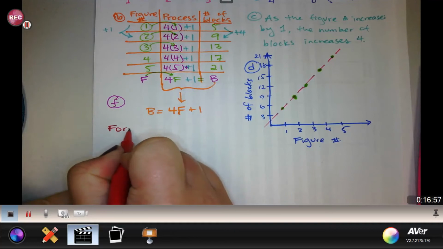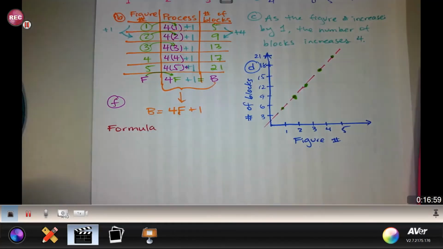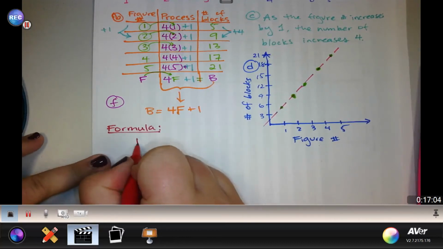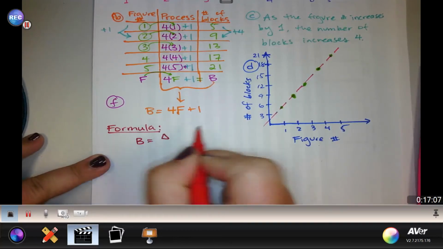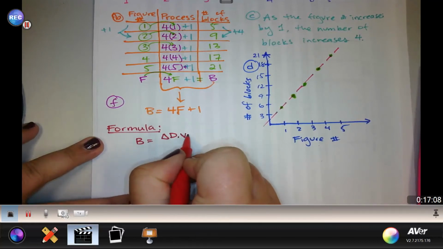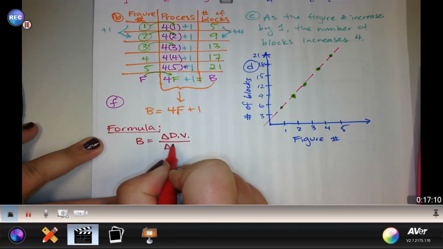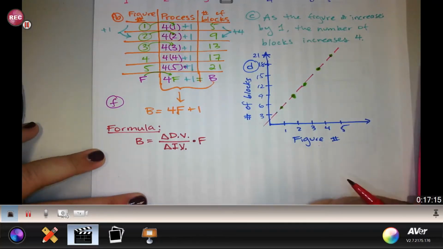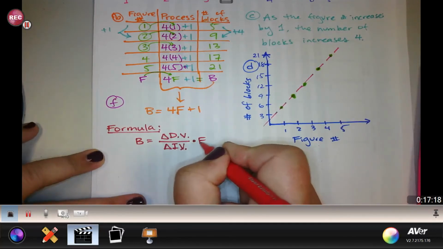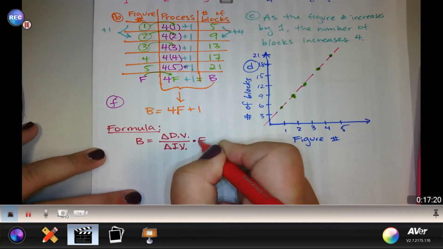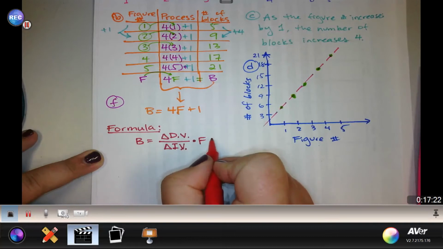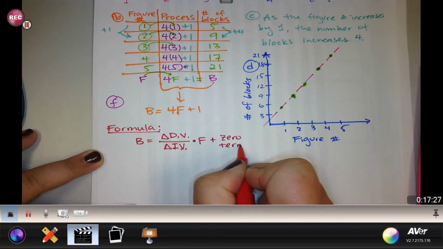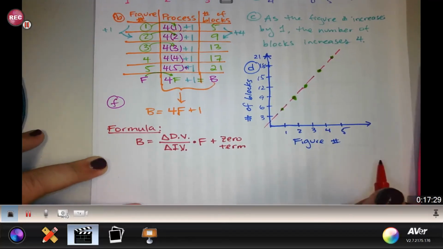If you want to use a formula that works every time, then that formula is that the number of blocks is equal to change in dependent variable over change in independent variable times the independent variable, or whatever, the figure number, plus the 0 term. Now, another word for the 0 term is the y-intercept, but either way is fine.